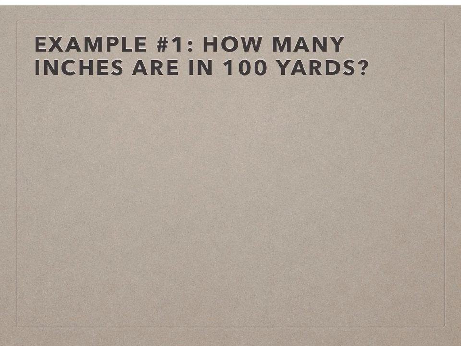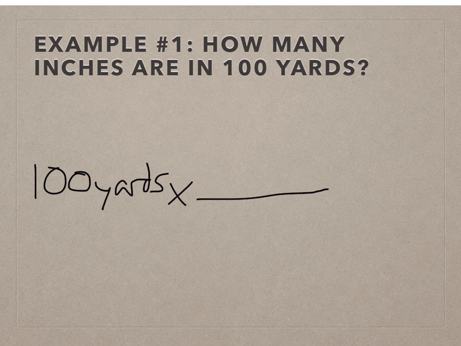For this one, I'll do it kind of quick. We have a given of 100 yards. I'm going to multiply it by a fraction. Also, last year they would teach us like 1 under the 100 yards. We're trying to make what unit go away? Yards. So I put yards on the bottom and I can put inches on top.